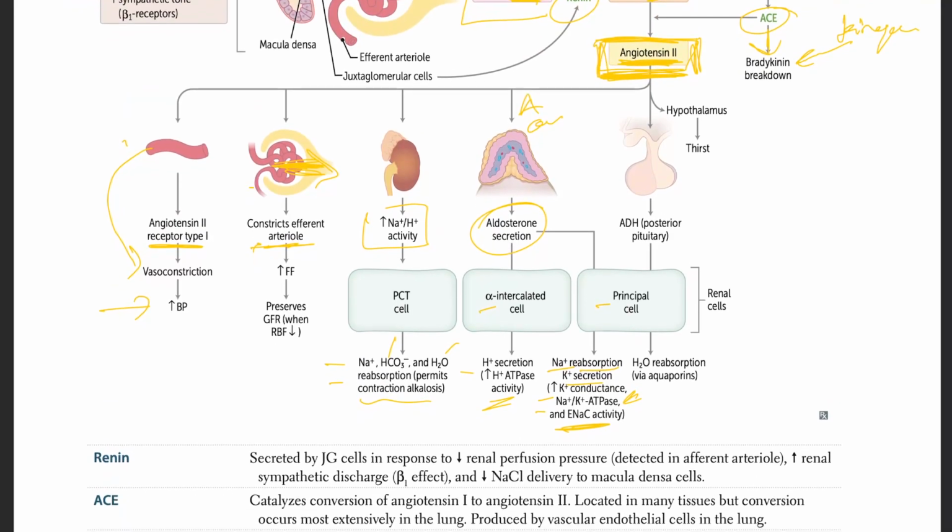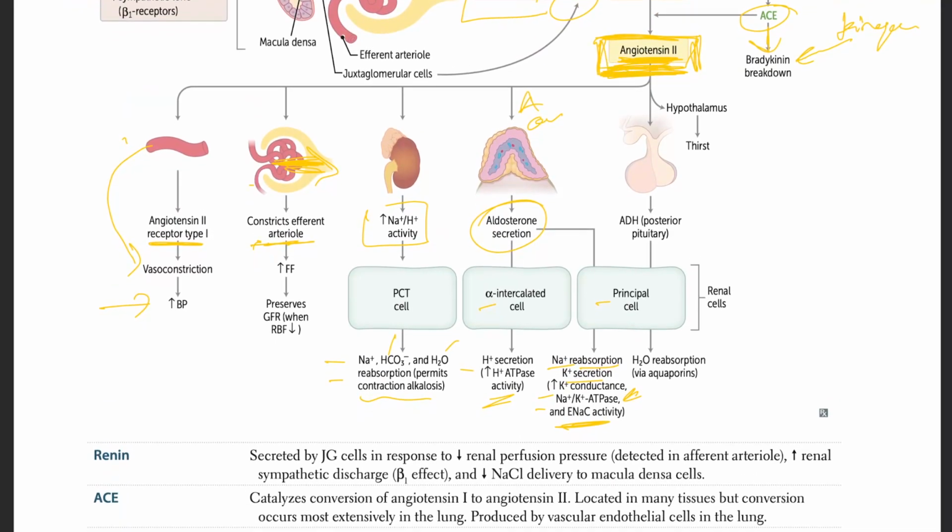And lastly, that same angiotensin works on the hypothalamus and leads to an increase in thirst, so water intake is going to happen. You will take the water, that's one thing.